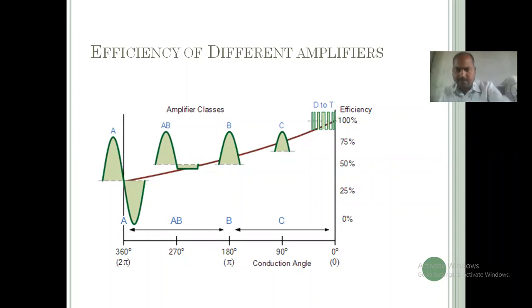See, we've seen the efficiency of different amplifiers. Efficiency indicates that I already told you to see the efficiency with respect to the different types of amplifiers. There should be the highest linearity with respect to the class A type of amplifier. What does it indicate?